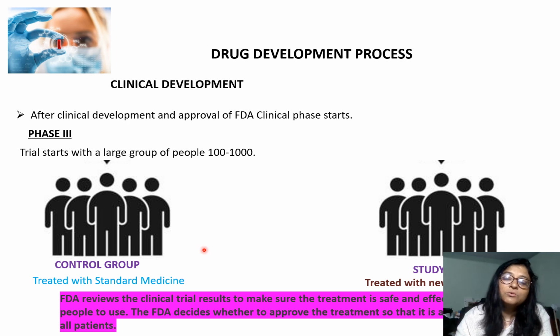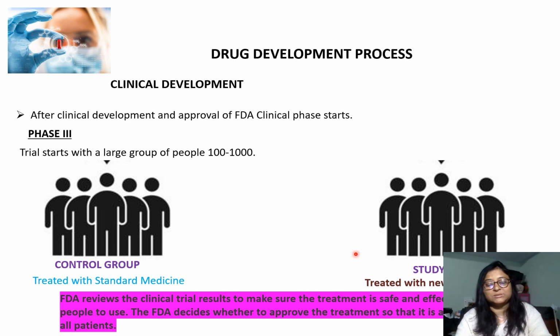The control group is the group of people to whom the already available standard medicine in the market for that particular disease is given, and the study group is the group to whom the newly developed drug is given. So in this phase it is actually a comparative study of the standard drug and the newly discovered drug.